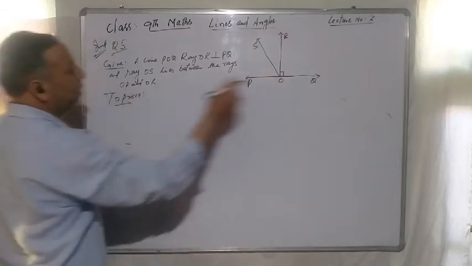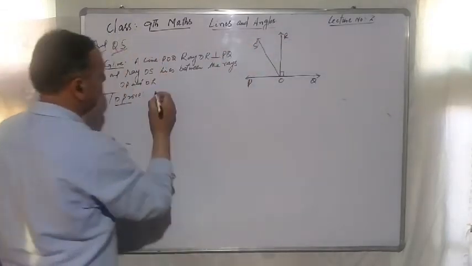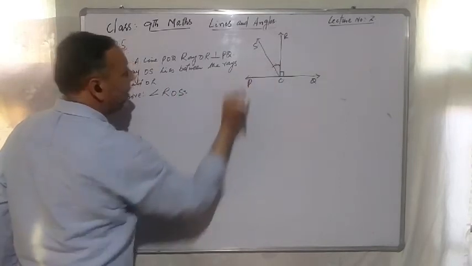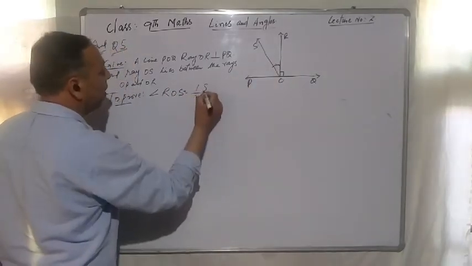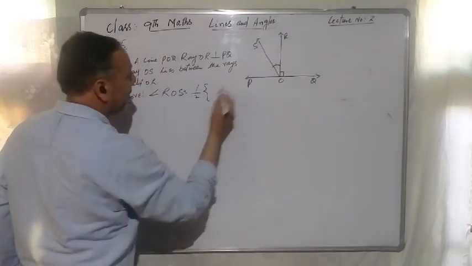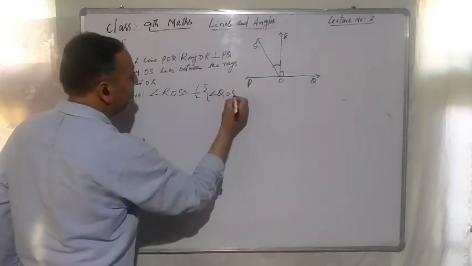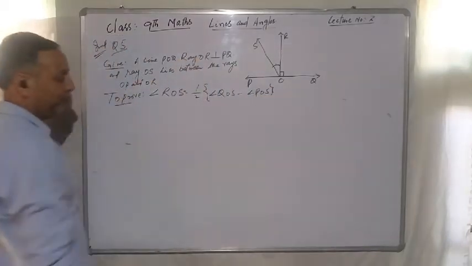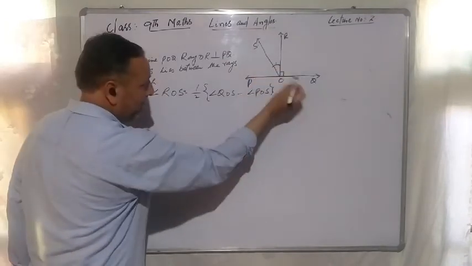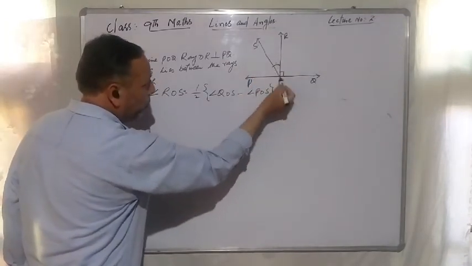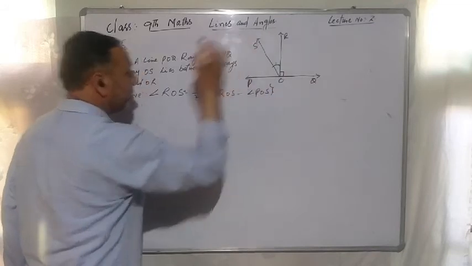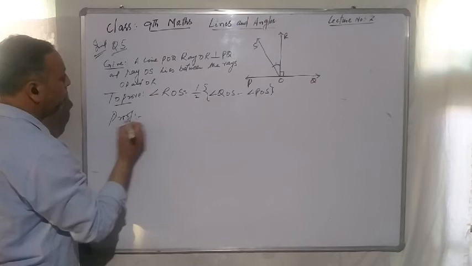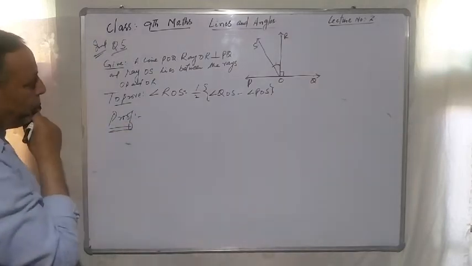We have to prove that angle ROS is equal to half of angle QOS minus angle POS. This way I have to prove. Angle ROS, this angle, is half of angle QOS minus POS. So let us see the proof, how we will prove it.